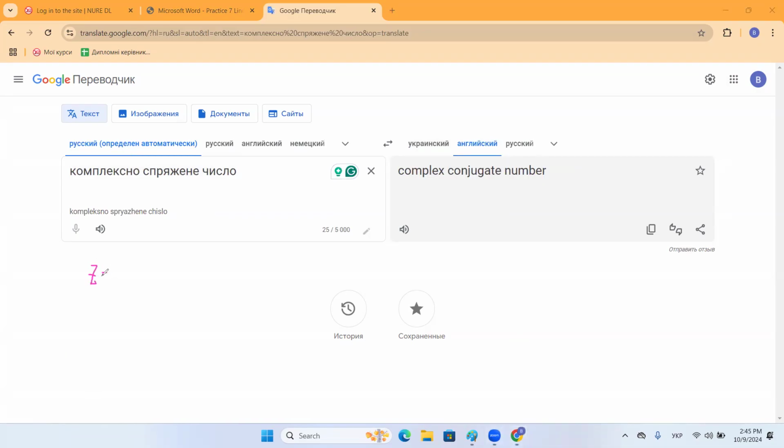We have a number z, a complex number x plus y multiplied by I, and the complex conjugate number is the number that has the imaginary part of opposite sign. Do you remember it from the lectures? Any questions about it? No questions, thank you.